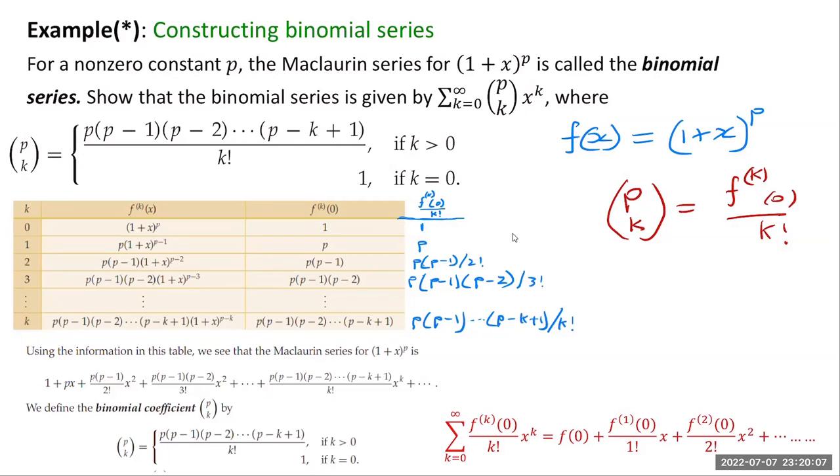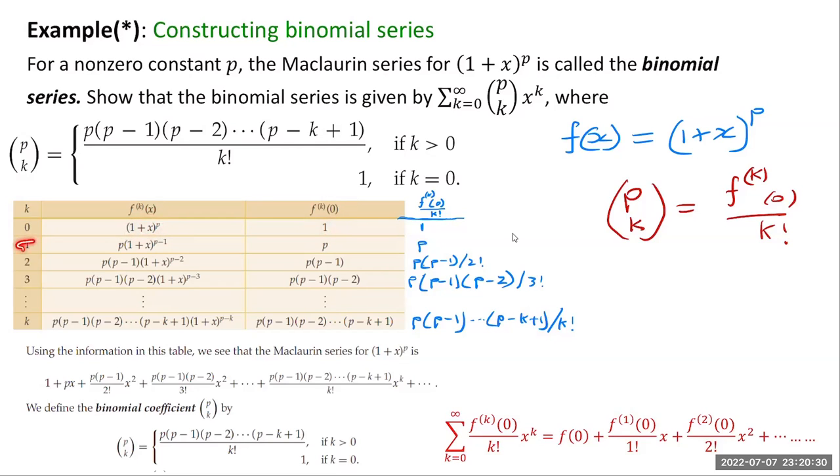And then you find f^(k)(x), the kth derivative of f. When k is equal to 0, f^(0)(x) means the original function. The original function is just (1 plus x) to the power p. Now you can find f^(k)(0). You just plug in x equal to 0 in this function. That is going to be 1.